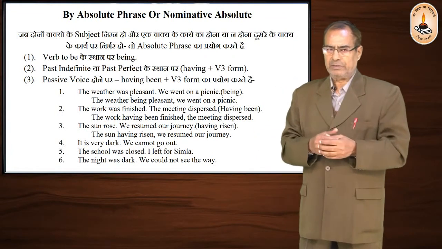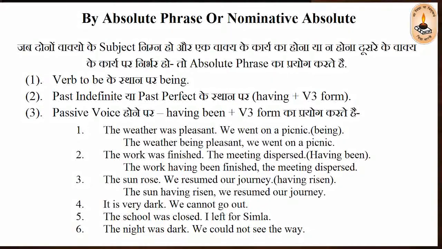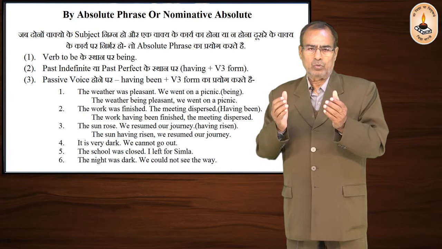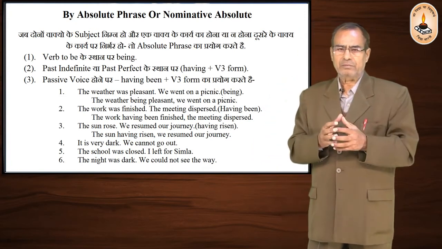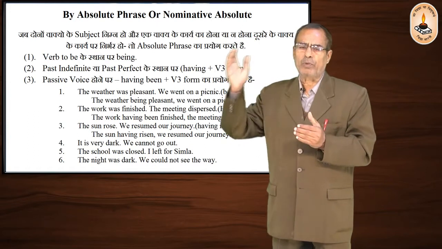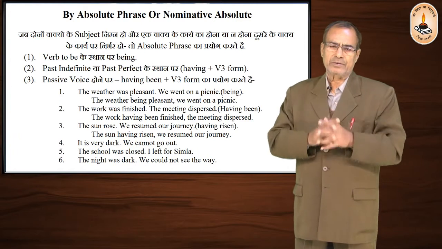Accordingly, we have the third example: the sun rose, we returned to resume our journey. So, in the second part, we return to resume our journey depends on the first.